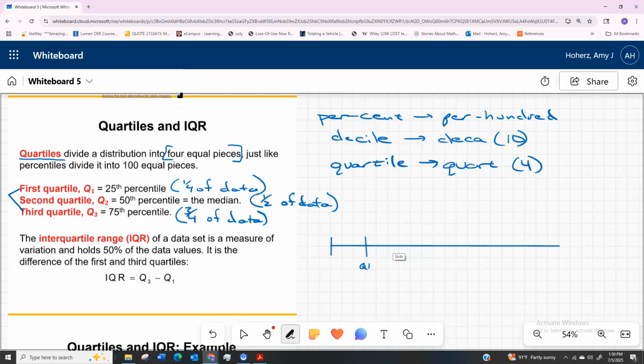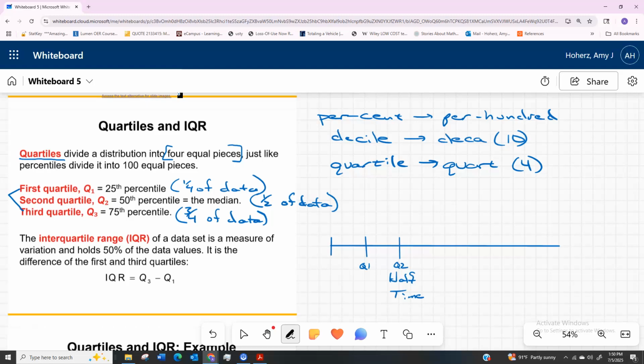And then after the next quarter, we could call that Q2. We could call it the end of the second quarter, but we can also call it halftime. So that matches up with the median.